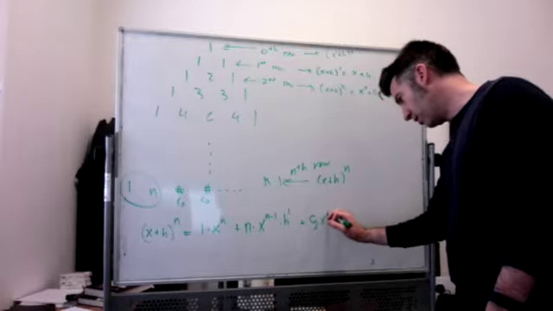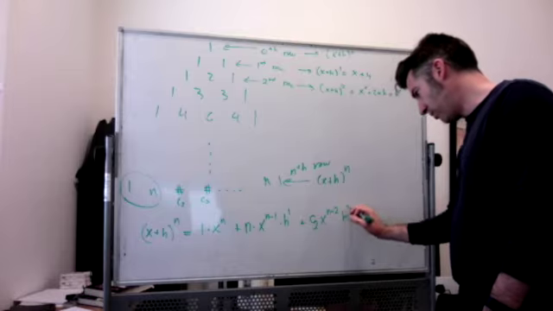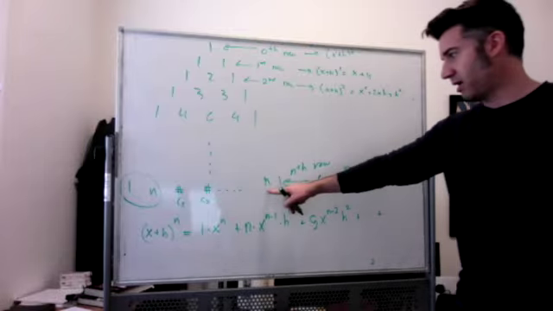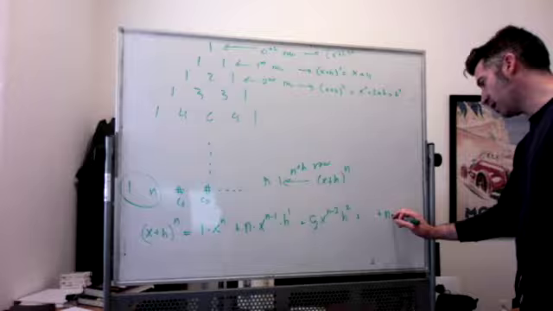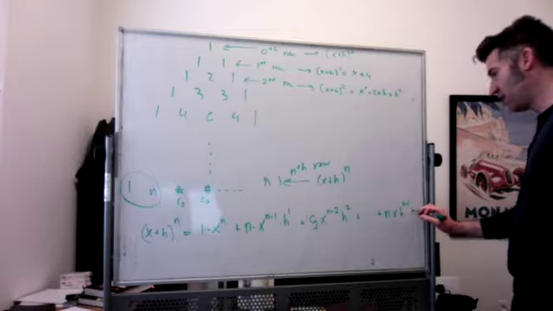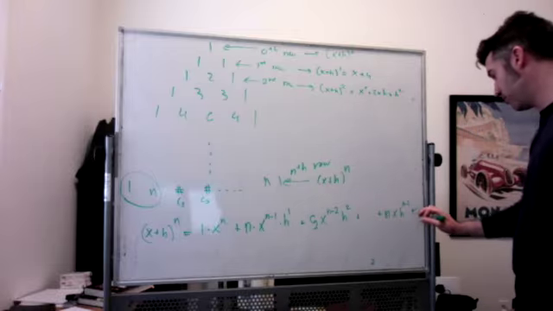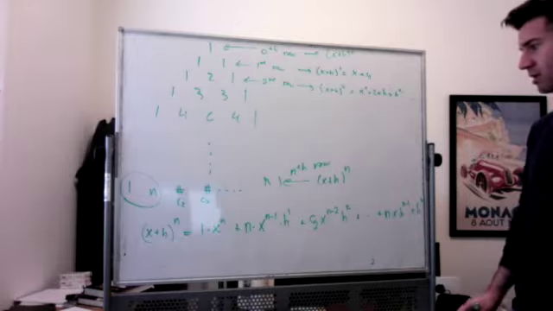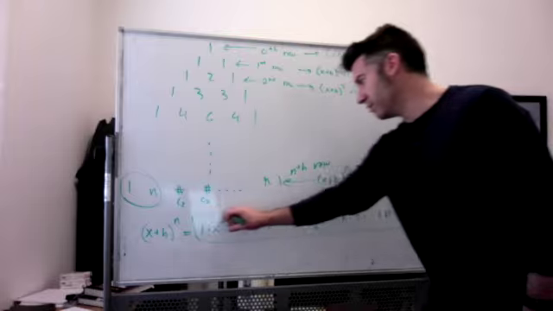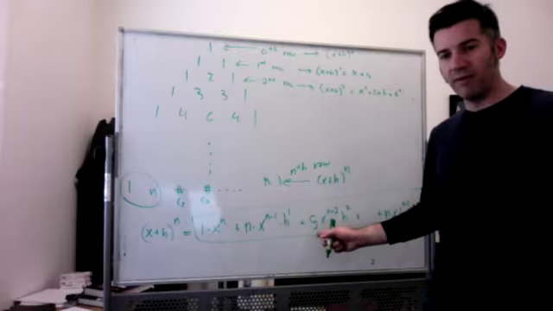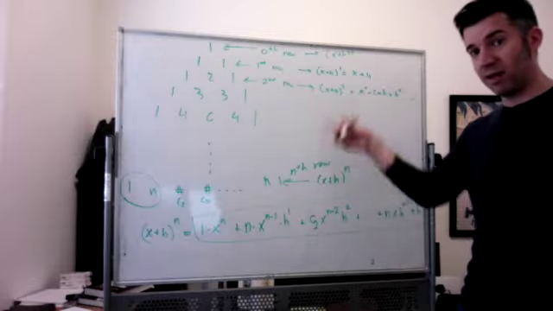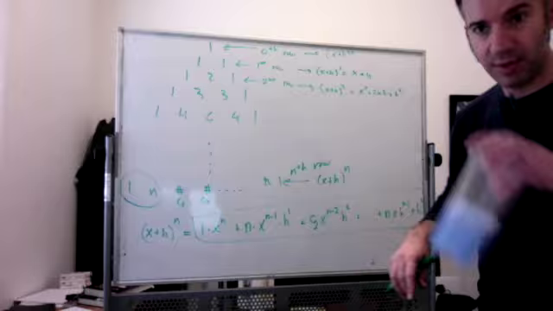And then x to the 1 less power, h to the 1 more power, all the way to the last couple terms. The second to last term will be n times x times h to the n minus 1. And the very last term will be 1 times h to the n. So that is x plus h to the nth power, obviously not being super specific about what these values are. Okay, so let's go back to the other side of the board and see what we get.